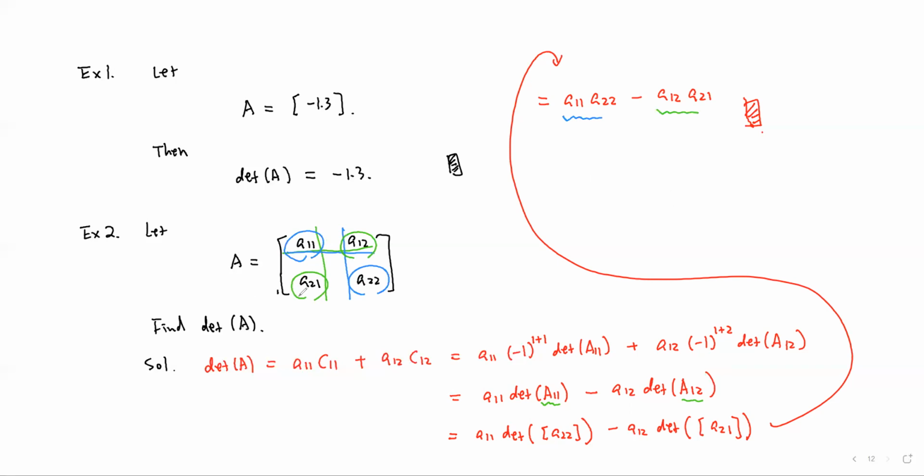So the determinant of a 2 by 2 matrix is equal to the product of the main diagonal entries minus the product of the anti-diagonal entries. That is the formula to compute a 2 by 2 determinant. We often use this formula.